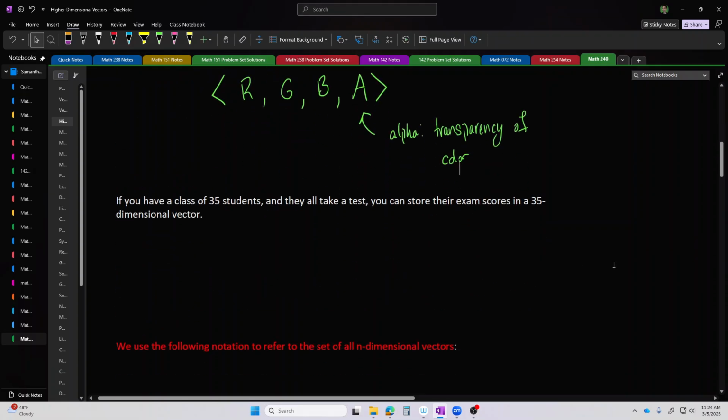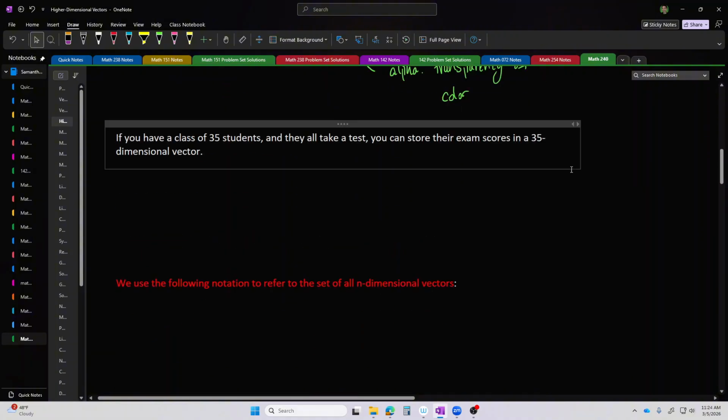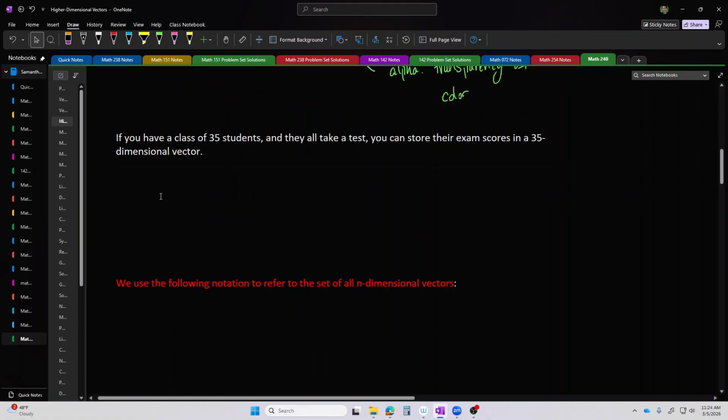Here's another example. Suppose I'm teaching a class and the class has 35 students in it, and all of the students take a test. Then the exam scores for these 35 students can be stored in a vector that has 35 entries, a 35-dimensional vector.